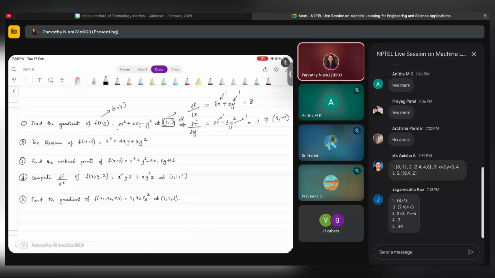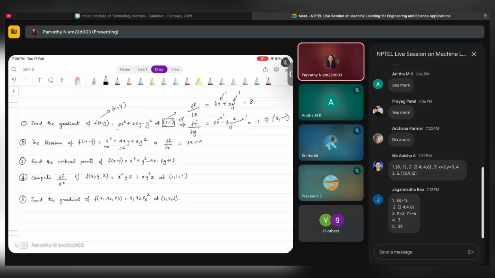Okay. Now the next question is, you have to find the Hessian of f of x comma y. So Hessian is the second derivative. It's a matrix of second derivatives. Here we first find ∂f/∂x, which is 2x plus 4y.